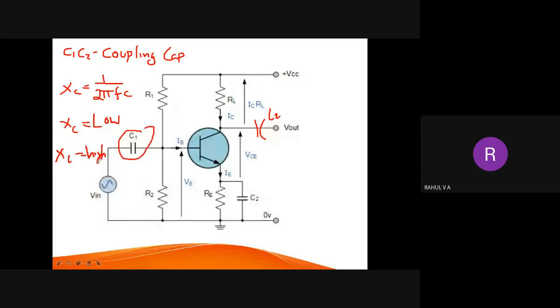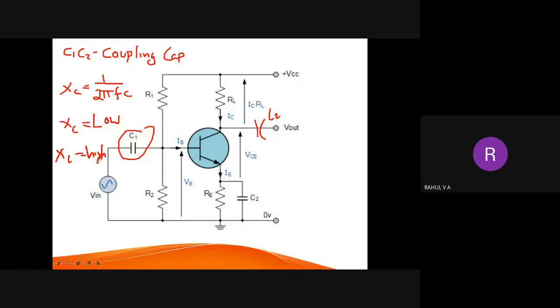That means when the frequency is more, Xc is very low, so reactance is low, meaning resistance is low. When frequency is very low, Xc is high, reactance is high, resistance is high.